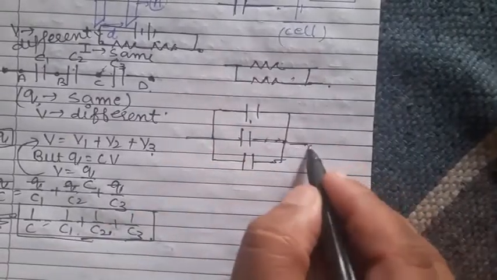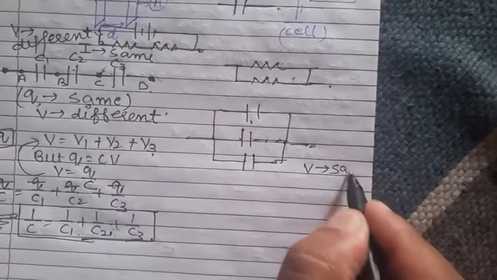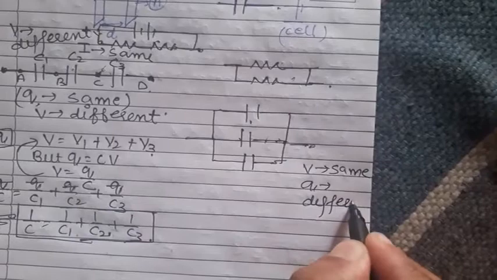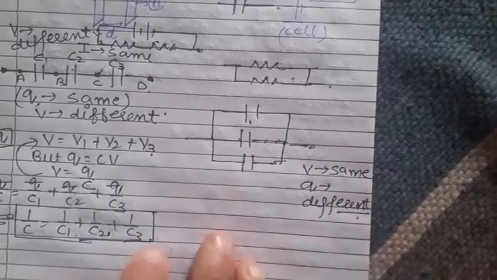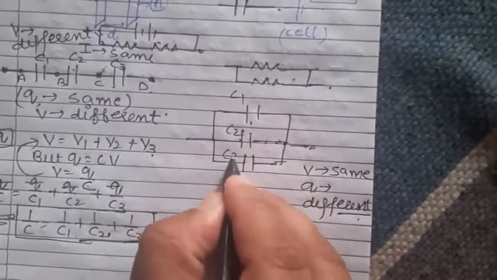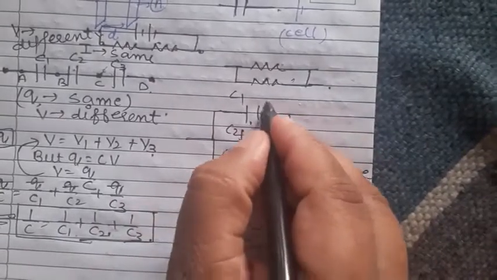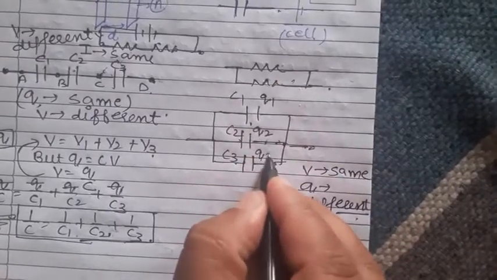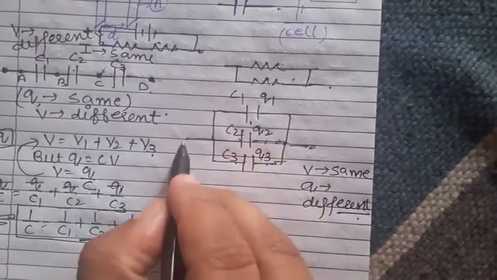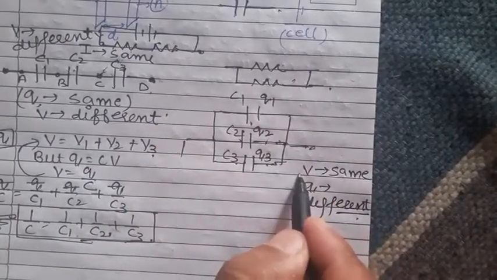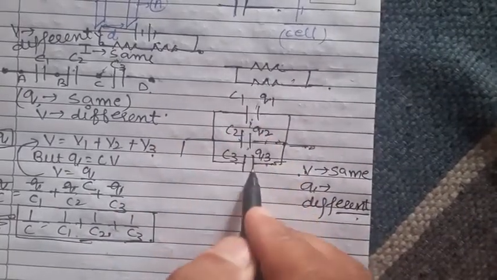When they are connected in parallel, potential will be the same, but charge will be different. Let us suppose capacities C1, C2, C3. The charge on this capacitor I suppose is Q1, on this it is Q2, and here it is Q3, but the potential across the combination is V. If it is V, then V will be the same in all three capacitors.